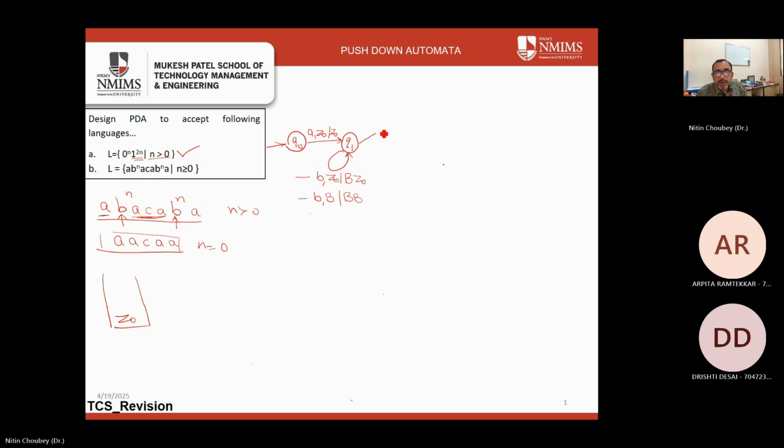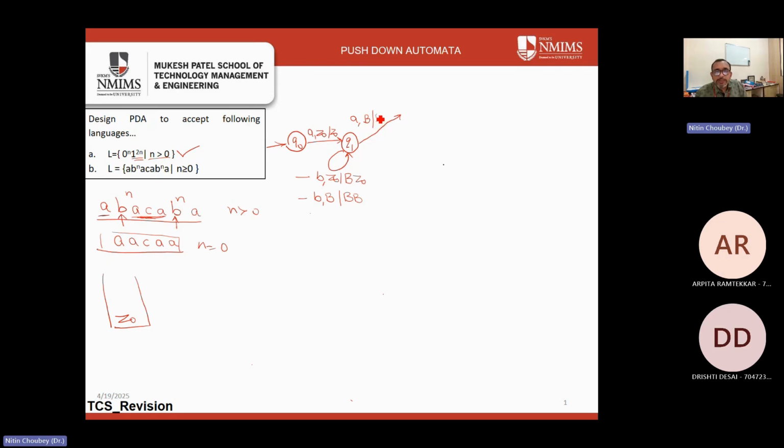Okay, let's write down that scenario. A in the input, and on the stack top, capital B, which we had pushed for small b's. Now this A, C, A doesn't have anything to do with how many times b's were there.